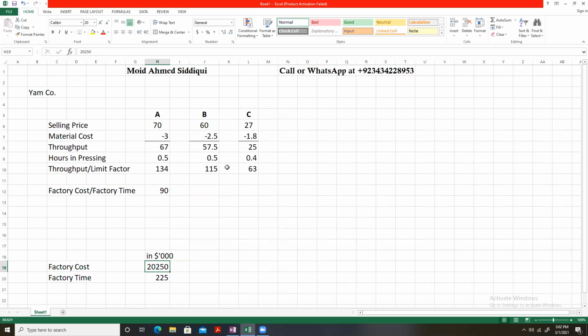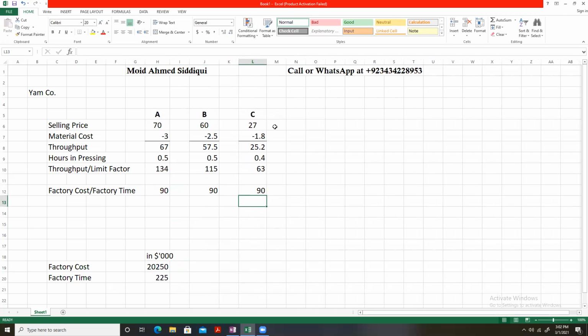This ratio will remain the same for all the three products.